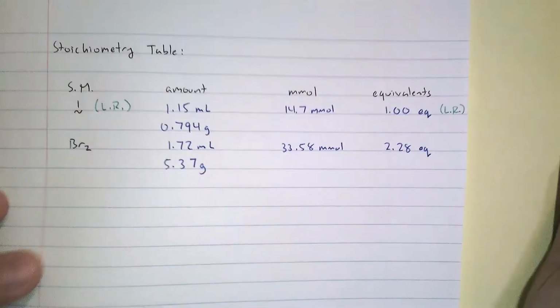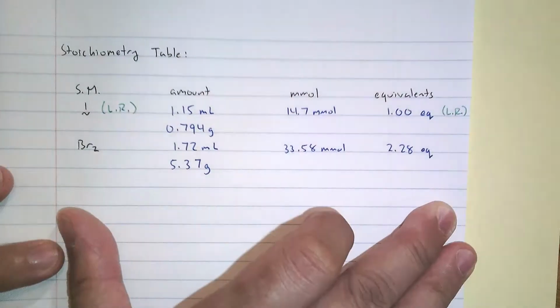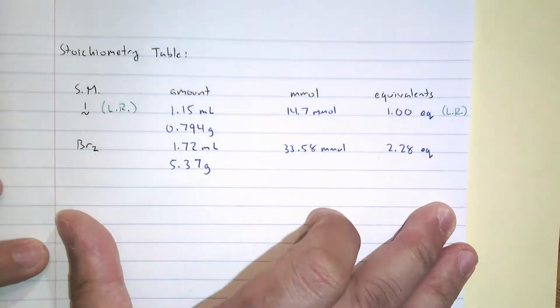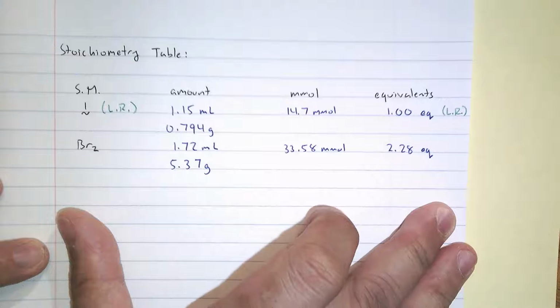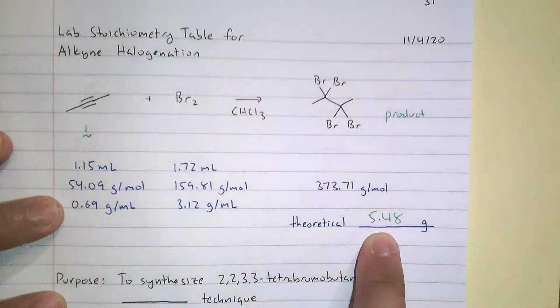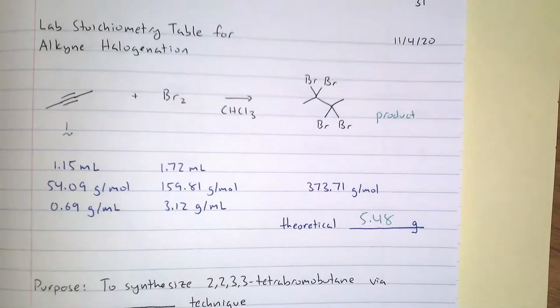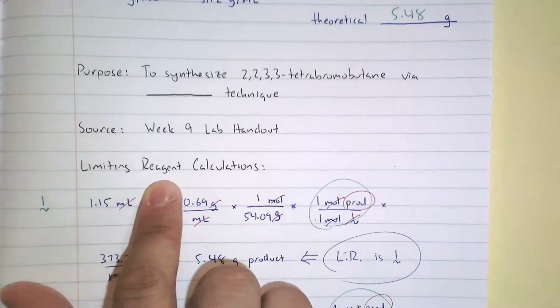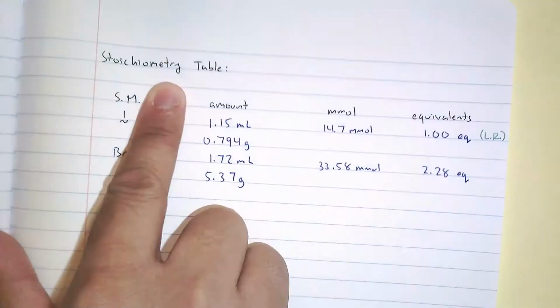All right. So really, for every reaction that you do, where you have to calculate an amount, a percent yield maybe, this is your theoretical yield. You will most likely need to do the limiting reagent calculations and a stoichiometry table.